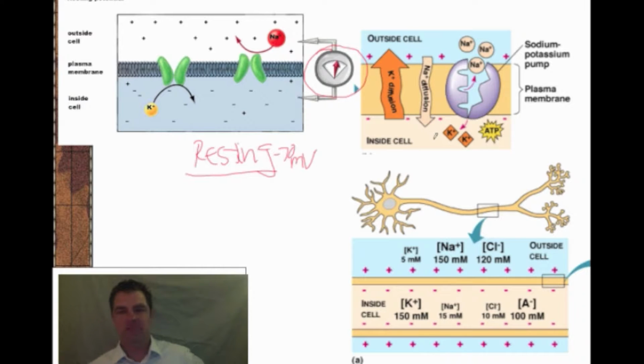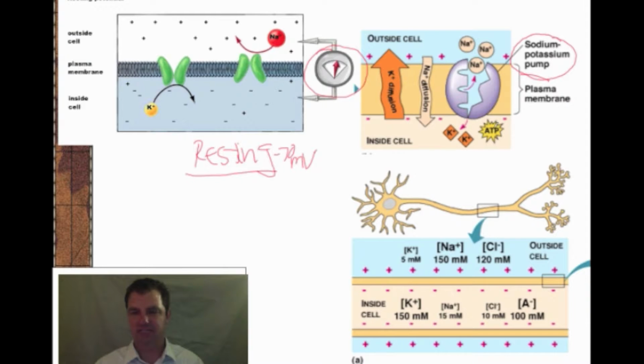And the way it becomes negative during the resting potential is that there are a couple of things going on. First of all, there's a protein that's involved in active transport, called the sodium-potassium pump.